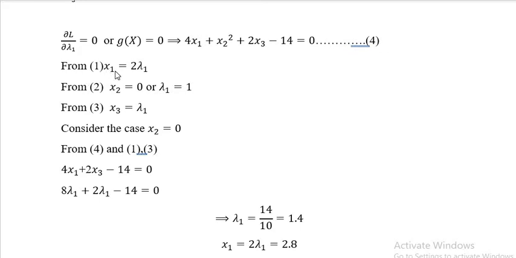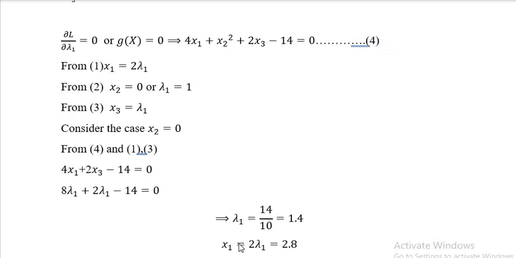From the first equation, we will get x1 equal to 2 lambda 1. Second equation, x2 equal to 0 or lambda 1 equal to 1. Third equation, we will get x3 equal to lambda 1. So consider the first case, x2 equal to 0. Using equations 1, 3 and 4, we will get lambda 1 equal to 1.4.